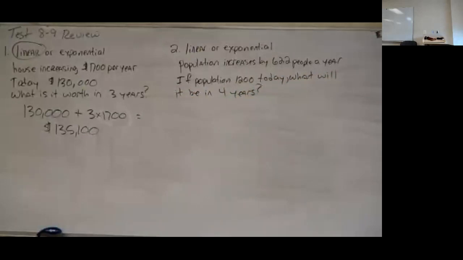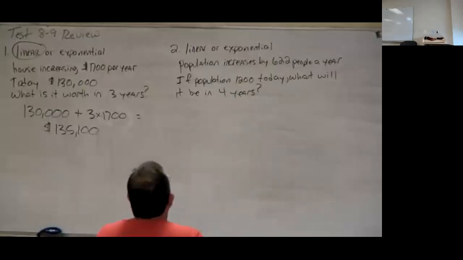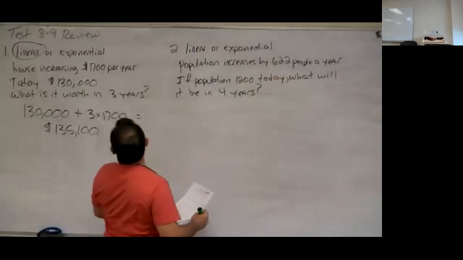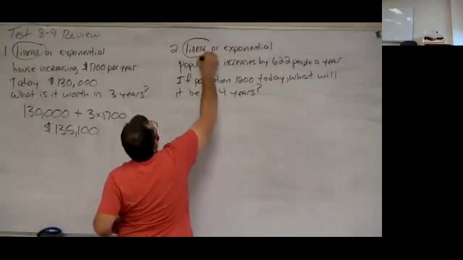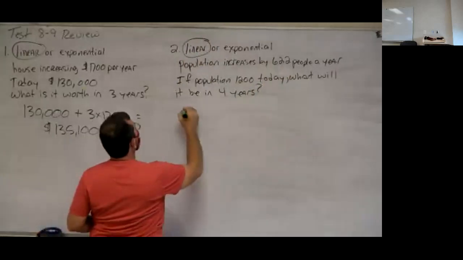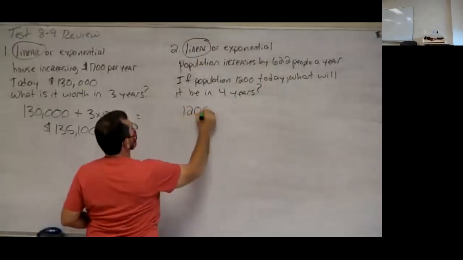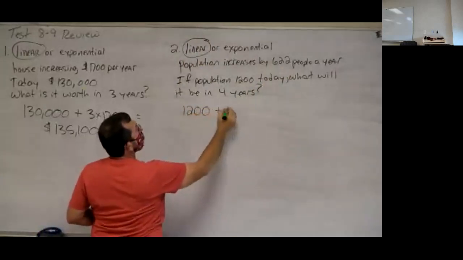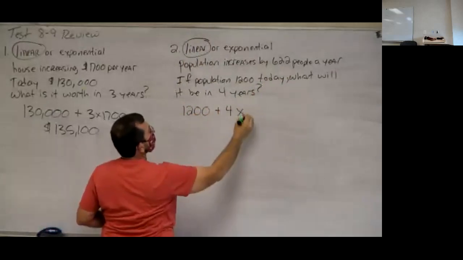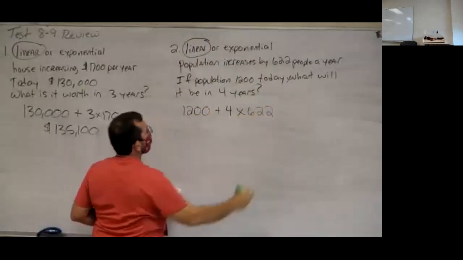That's the same type of question, because mine was the house increasing by so much on my first one. Once again, it's the same amount every year, so this is going to be linear. I'm going to work it the same way. I'm going to start out with that 1,200, and then add 4 years times the 622.